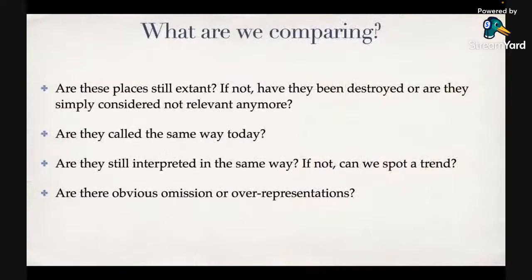What we're looking for, what do we want to see in these comparisons? Do these places still exist? And if they have disappeared, why have they done so? I mean, have they been destroyed, or are they not considered relevant anymore? Are they called in the same way, or has the label changed?